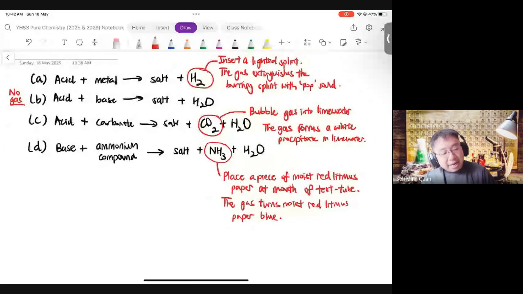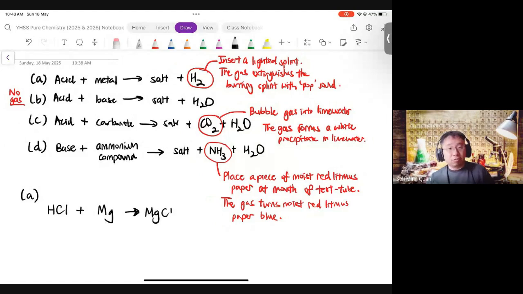In your daily life, you could write example equations, right? Acid plus metal, for instance. Just choose any metal that comes to your mind. So let's choose acid, HCl, metal, magnesium. It forms a salt, and the salt is called magnesium chloride, MgCl2 plus H2.